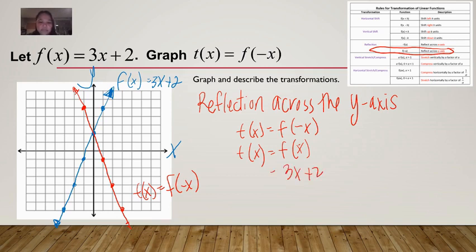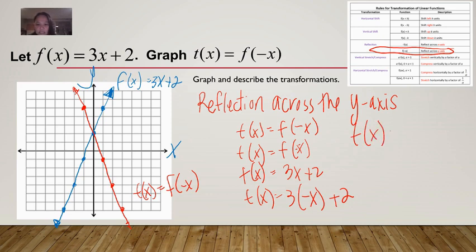So I'm just going to write that. But we want t of x is equal to f of negative x, right? So we're going to substitute that negative in to x as negative x plus 2. So we're going to get t of x equals negative 3x plus 2.